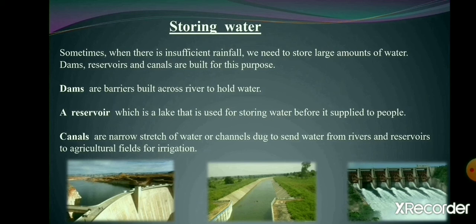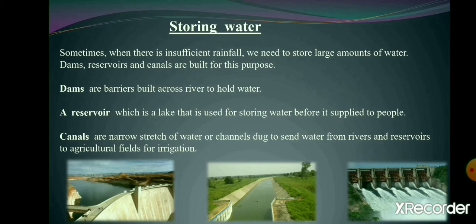Dams are walls built across rivers to block or control the flow of water in rivers. Dams are also used for generating electricity. The Bhakra Nangal Dam on the river Satluj is one of the highest dams in India.